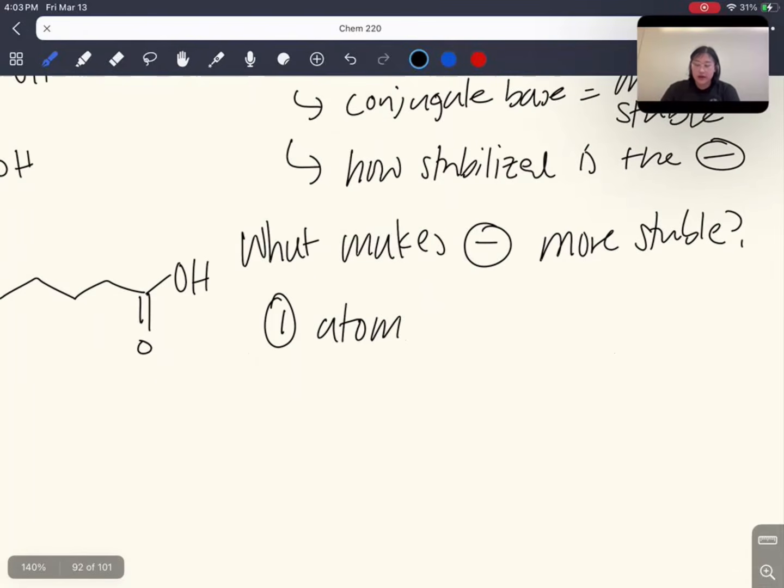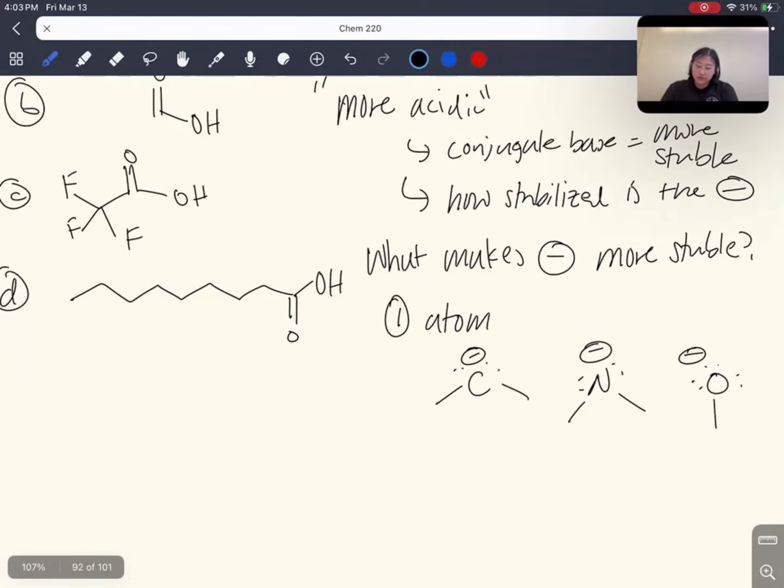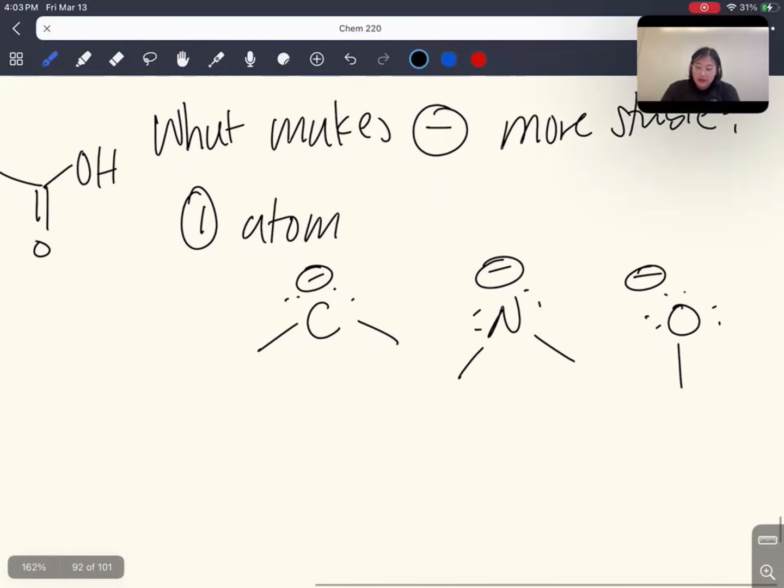To do this, let's compare three different atoms. Let's compare a carbon that has a minus charge, a nitrogen that has a minus charge, and an oxygen that has a minus charge, right? If we compare how stable this minus charge is on each of these three atoms, what ends up happening is the direction goes like this.